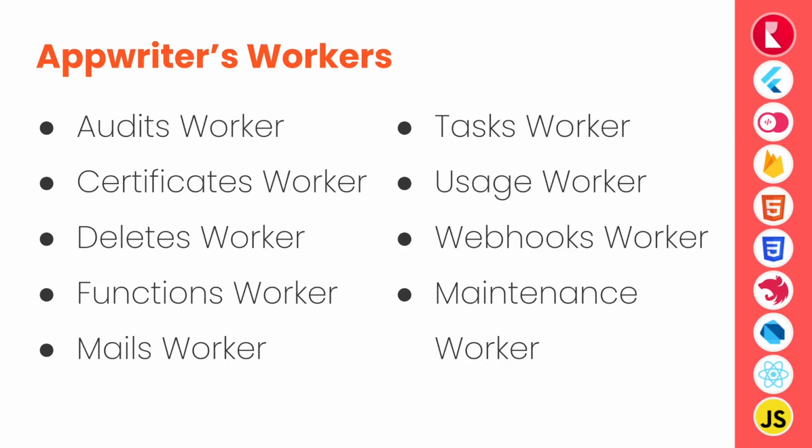We have a queue called v1 audits, and the audits worker consumes messages for a set of events that Appwrite has configured. Whenever the events occur, the audit worker adds the logs inside MariaDB, and the audit worker uses the Utopia PHP audit library. The link is provided in the description.